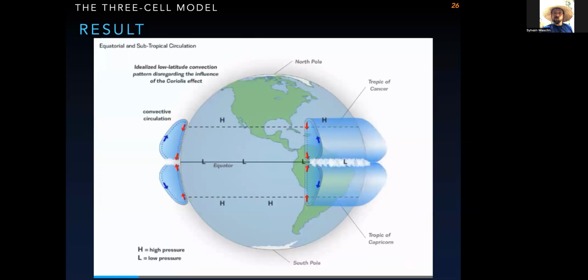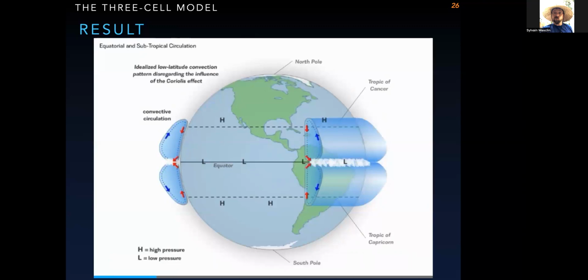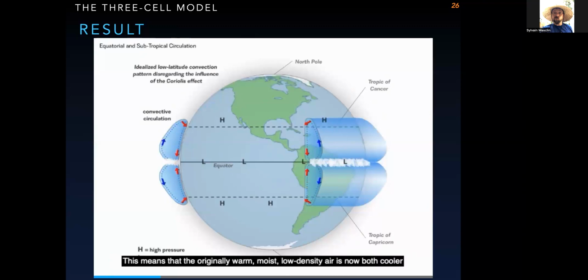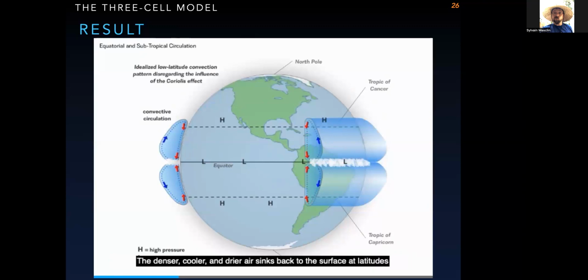The initially warm, moist air mass cools as it moves higher in the atmosphere, and the water vapor condenses to form clouds and rain. This means that the originally warm, moist, low-density air is now both cooler and drier, which increases its density. The denser, cooler, and drier air sinks back to the surface at latitudes of about 30 degrees north and south.